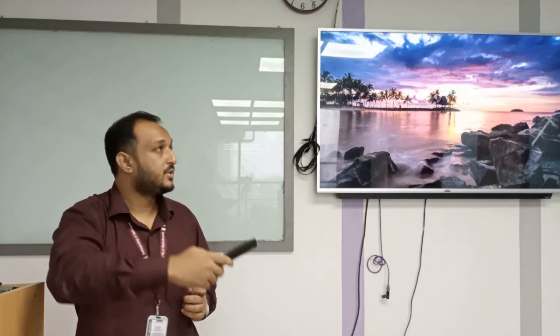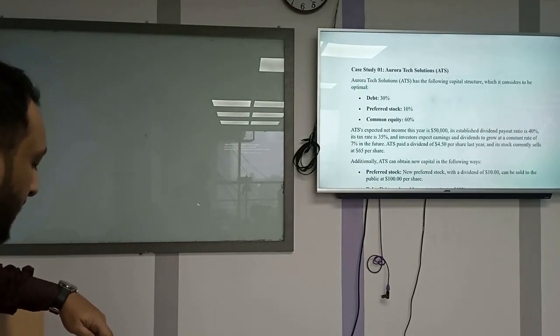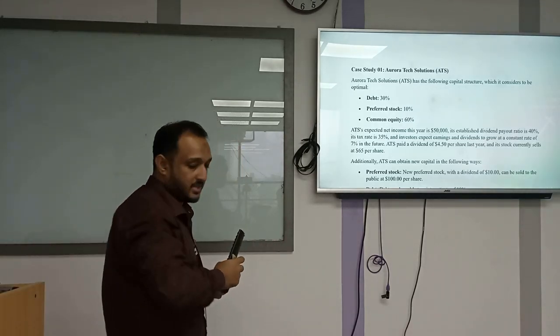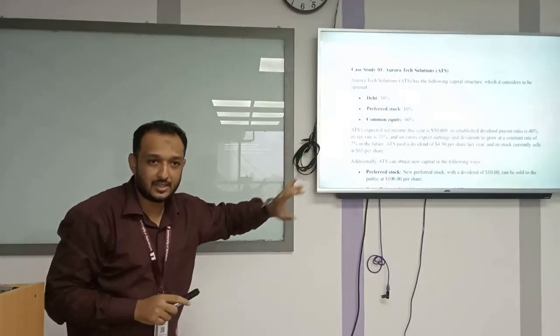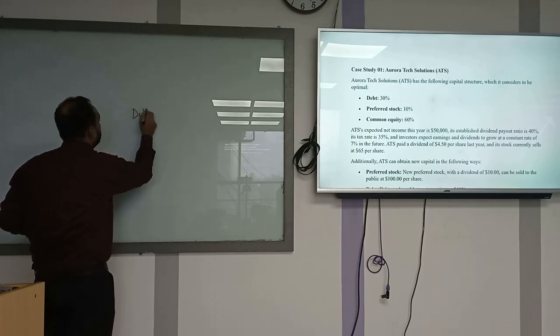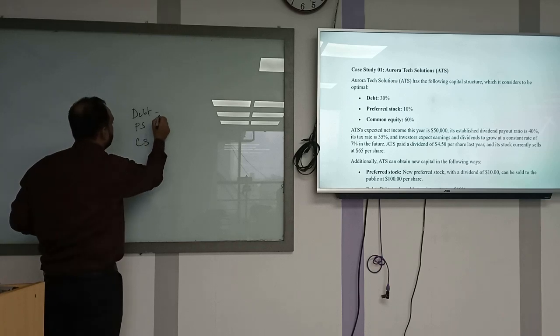Clear? Okay. So now slowly we will go for this case study, right? So দেখেন কি বলেছে, ফার্স্ট forget about it, এটা আগে ভুলে যান। Let's say debt, preferred stock, common stock, right?